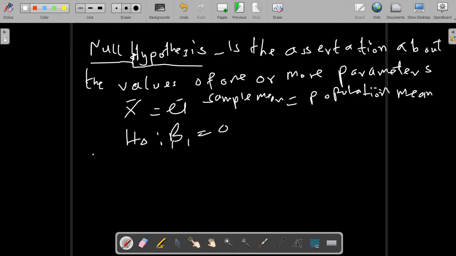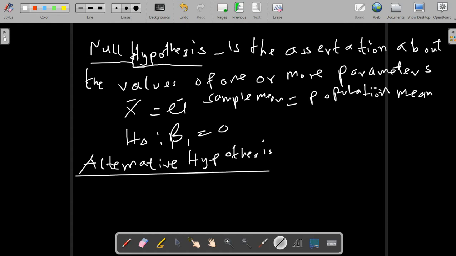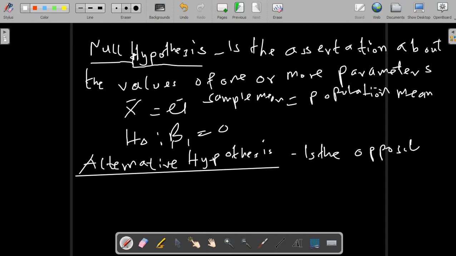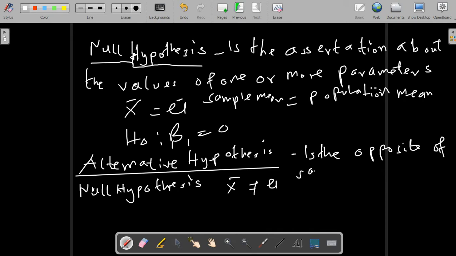We also have the alternative hypothesis, which is the opposite of the null hypothesis, whereby we take the sample mean not equal to the population mean, and H1 such that beta 1 is not equal to 0.